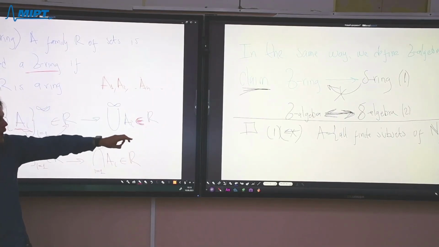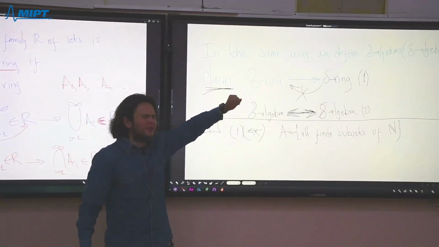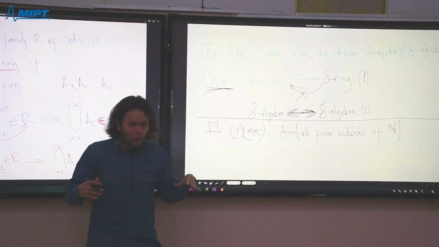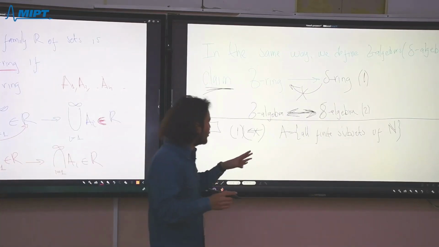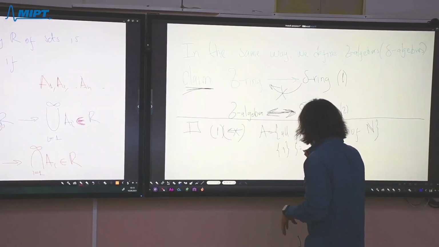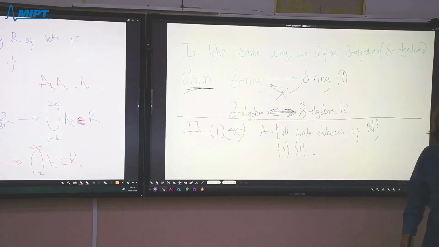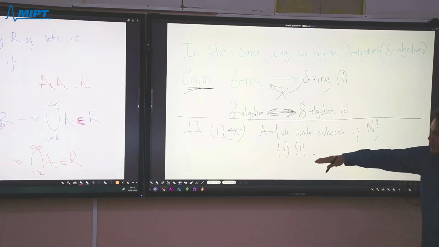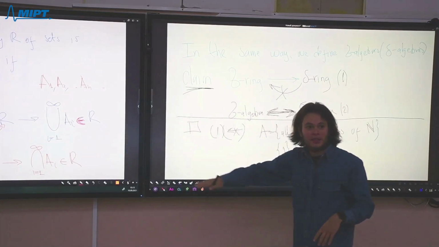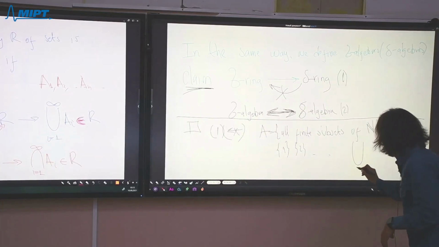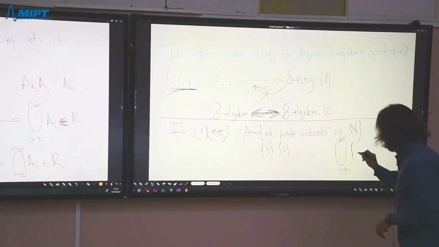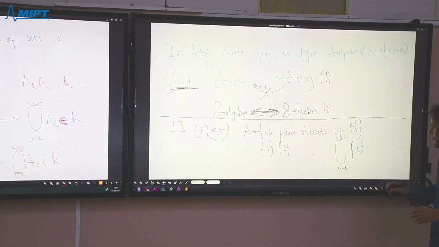Now, why is this not a sigma ring? Because take, for example, all the singletons of the natural numbers: {1}, {2}, and so on. The countable union from 1 to infinity of all the singletons gives us what?